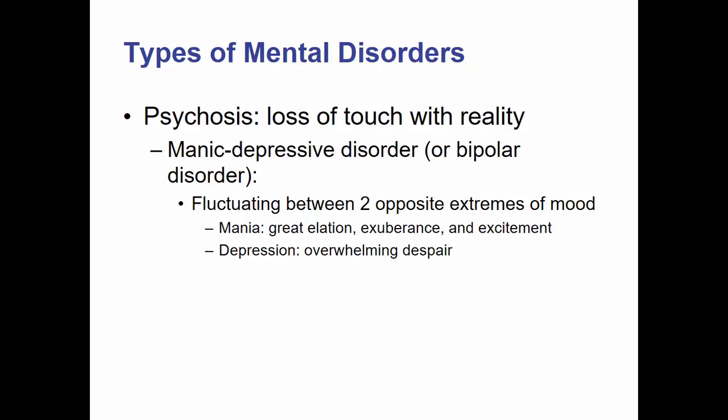There's also, within psychosis, manic depressive disorder, also known as bipolar disorder. This is fluctuating between two opposite extremes in mood. So, fluctuating between mania, which is great elation, exuberance, or excitement.